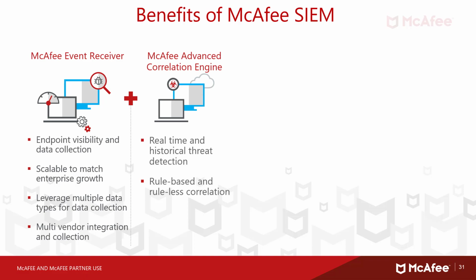Then there's the McAfee Advanced Correlation Engine. It is a rule-based or rule-less correlation. It also has the ability to be configured for real-time and historical threat detection. So as events are coming in, it'll correlate in real time, or in settings, you can have it check historical events.